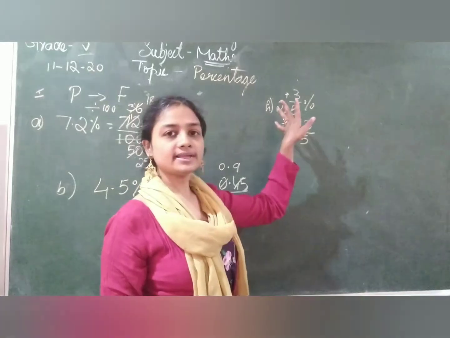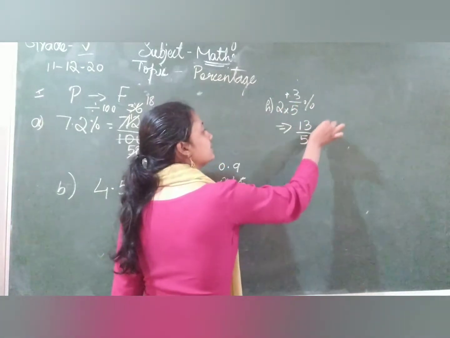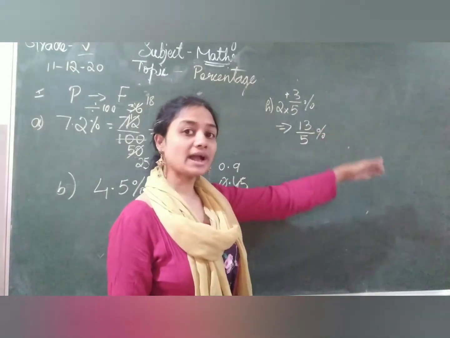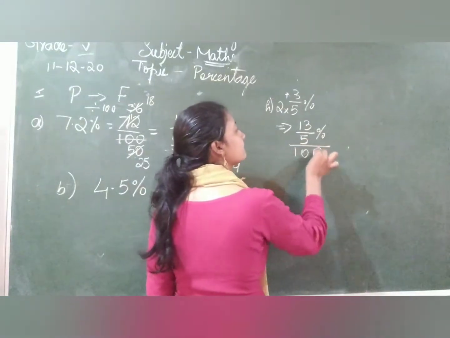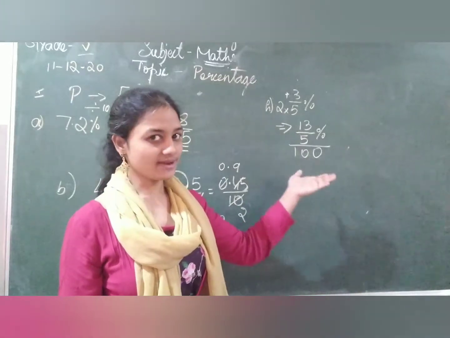I have converted the mixed fraction into an improper fraction. This is in percentage. Now I should convert this into fractions. So I should divide this whole by 100. If I divide this by 100, I will get my fraction form.